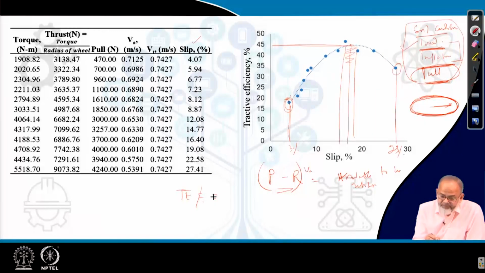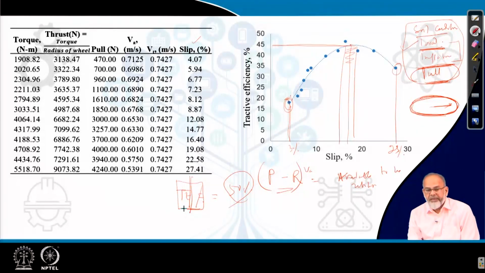If I say tractive efficiency 50%, it has no meaning. You have to mention at what slip you are getting this 50%. That is important. Basically this is the parameter which will give you how much useful power we are getting from a tractor or from a single wheel for a given input power.